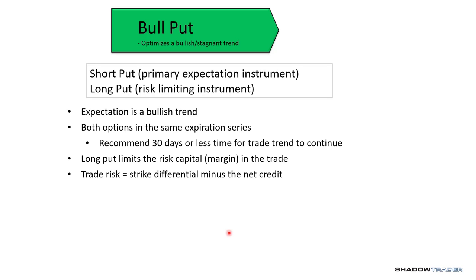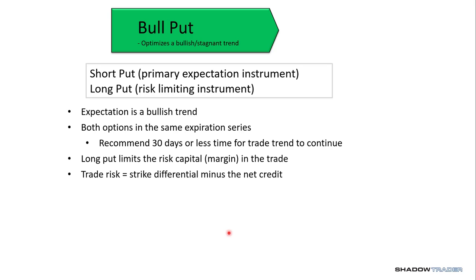The trade risk is going to be the strike differential, the difference between the two strikes. So let's say you've got a 100 strike option as a put, and you've got another one at 95. Well, the 100 put that you sell and the 95 put that you buy gives you a $5 differential. That's the trade risk itself.